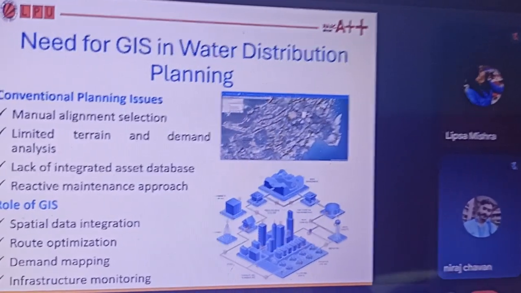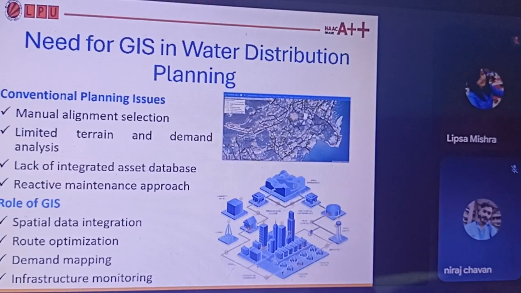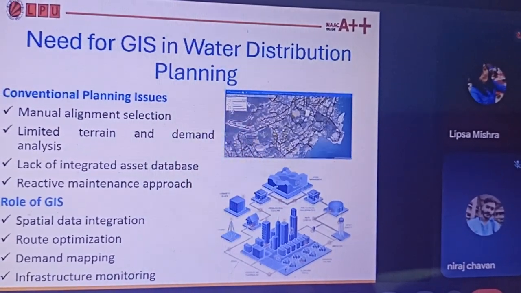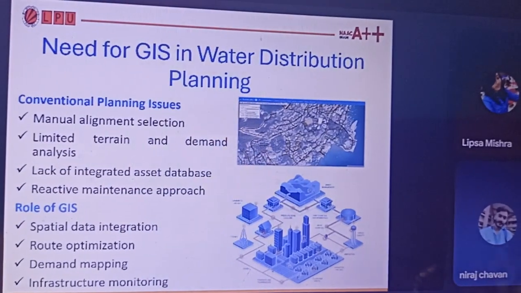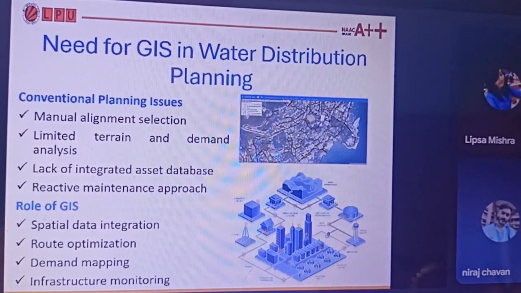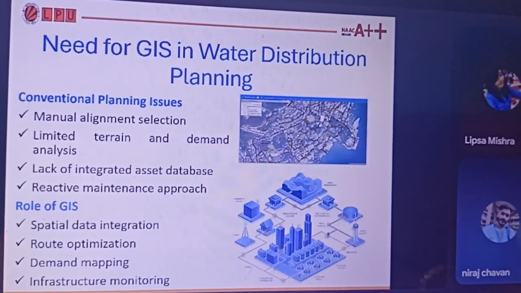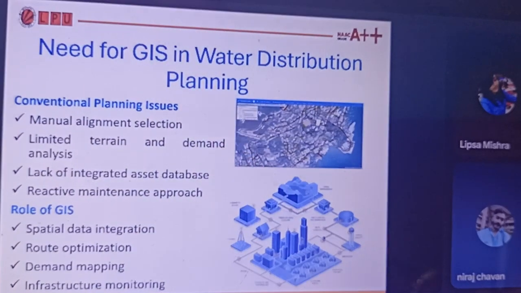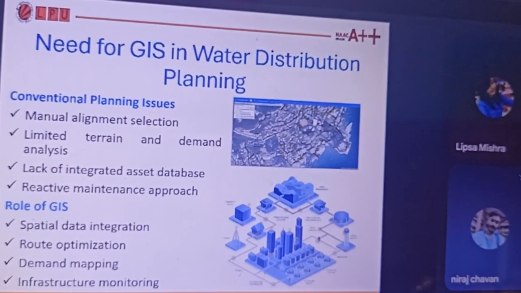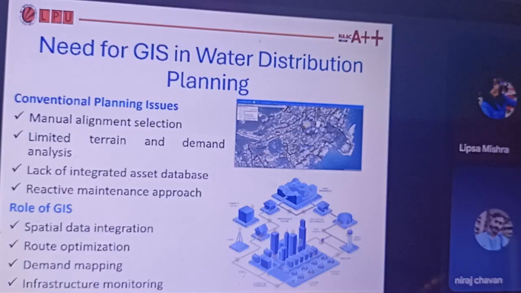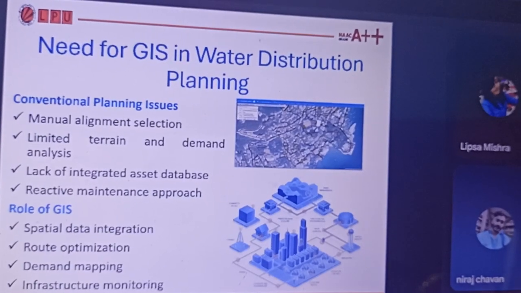In addition to that, we also do demand mapping. Demand means how much water you need. In India, if you have heard about the various schemes by the government, we have the Jal Jeevan Mission, JJM. In Jal Jeevan Mission, we focus on rural areas.